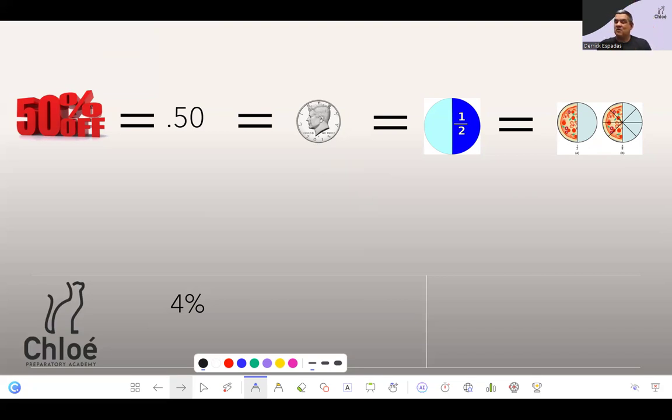So I'm going to put 4 over 100. And that's our fraction, but we can reduce it because they're both even numbers. How many times does 2 go into 4? It goes 2 times. How many times does it go into 100? It goes 50. So we end up with 2/50ths. And imagine a pizza cut up into 50 pieces and you only get 2 slices of that. That's sad. Makes me sad.